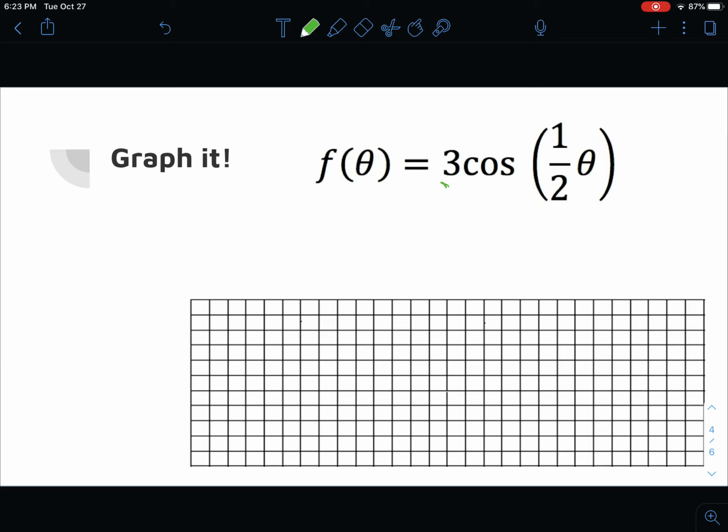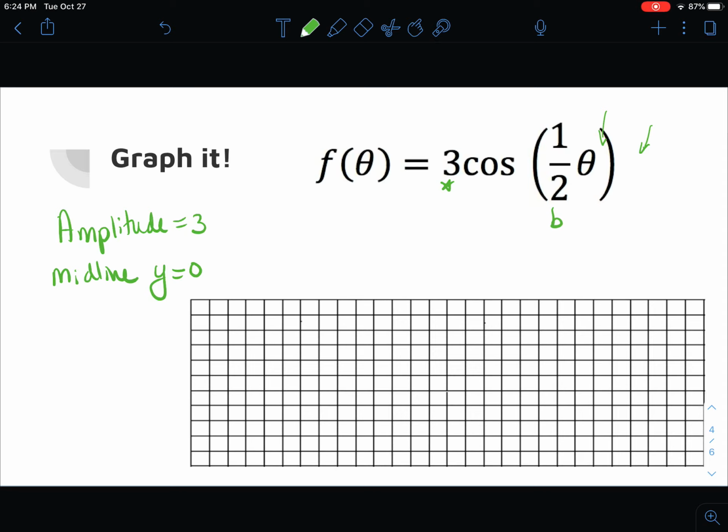Looking at this right away, I see that my amplitude is equal to 3. There's no reflection. There's no horizontal or vertical shift, which means the midline is still going to be at y equals 0, which is the x-axis. It's a cosine function.